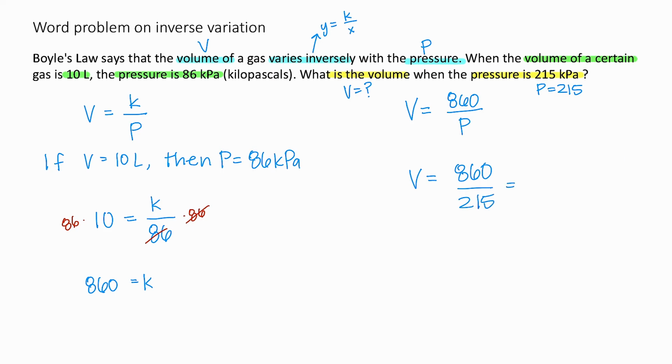And if you do that division, 860 divided by 215 is 4. And let's make sure that we use our correct units. We were solving for a volume, and if we look back at the beginning, it says that the volume of a certain gas was 10 liters. So it looks like the unit we're using here is liters. So the answer is 4 liters. When the pressure is 215 kilopascals, the volume is 4 liters.